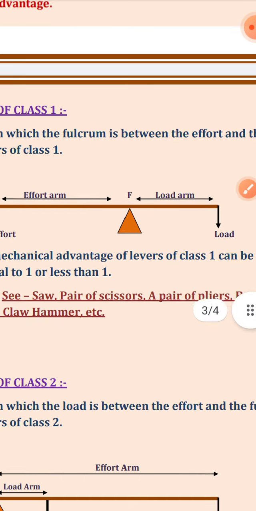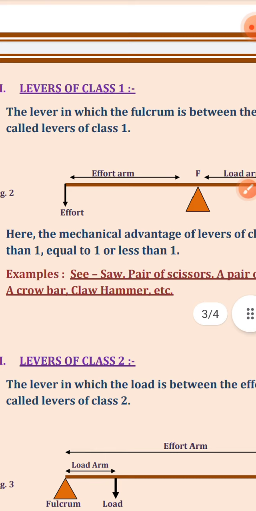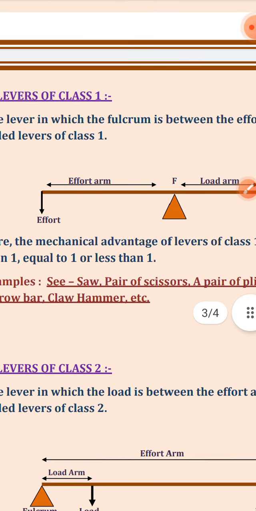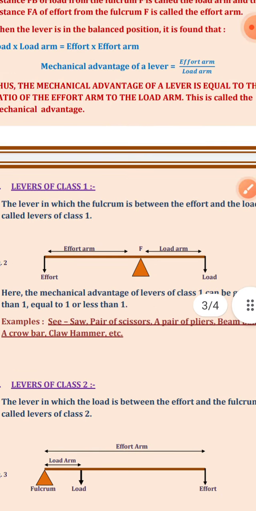So here the mechanical advantage of class 1 can be greater than 1, equal to 1, or less than 1. If the fulcrum is placed a little more towards the effort arm, then the distance between the fulcrum and the load arm will be more, and then it is our loss. If the fulcrum is placed much towards the load arm, then the distance between the effort arm and the fulcrum is more than the load arm, so it is our profit.